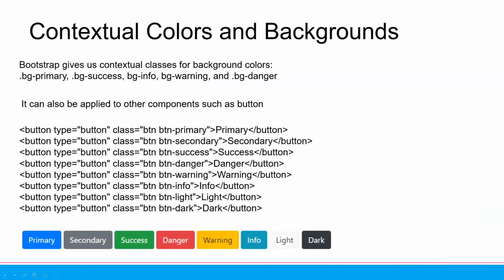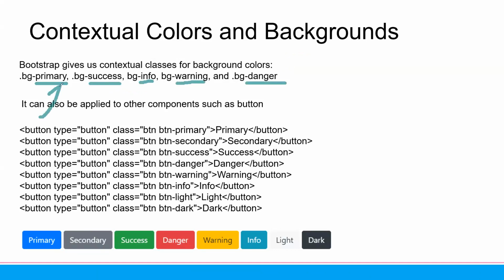The other thing from Bootstrap is about the contextual colors and backgrounds. So when you have a button, for example, or maybe a paragraph or something related to the background, Bootstrap already defined some keywords: primary, success, info, warning, and danger.